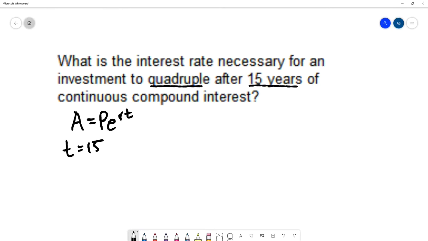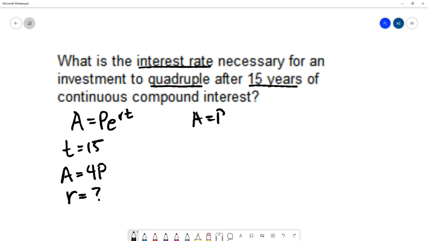Quadruple is multiplying by 4. So that tells me the relationship between the starting and the ending amount. A is equal to 4P. And we want to know what is the interest rate, so we're going to be solving for r in this problem.